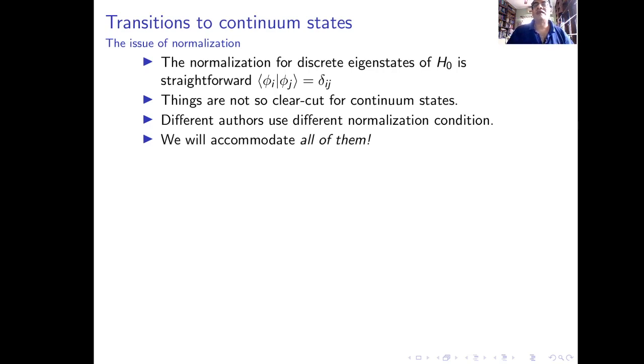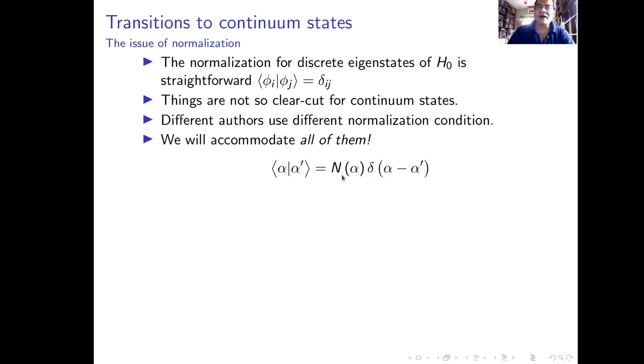We will accommodate all the different normalization choices that people use simply by saying that the overlap between the continuum states alpha and alpha prime, which remember are eigenstates of the unperturbed Hamiltonian but in the continuum, we expect to have a delta function, delta(alpha minus alpha prime), because of the orthogonality. But the normalization factor in front is where different authors differ in their choices. We are just going to write that as N(alpha).